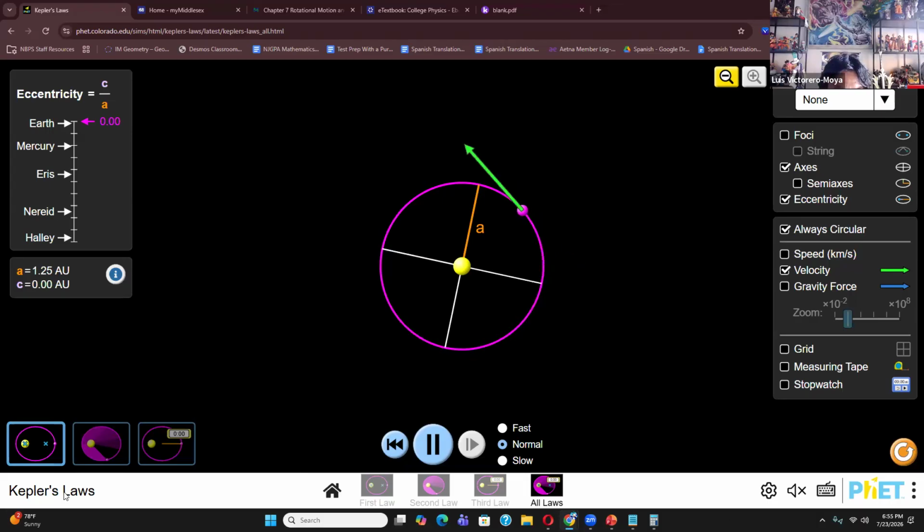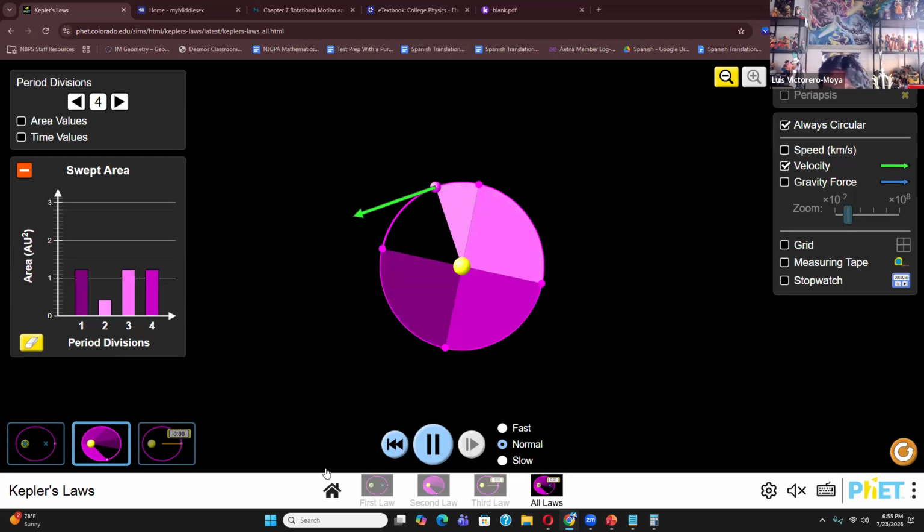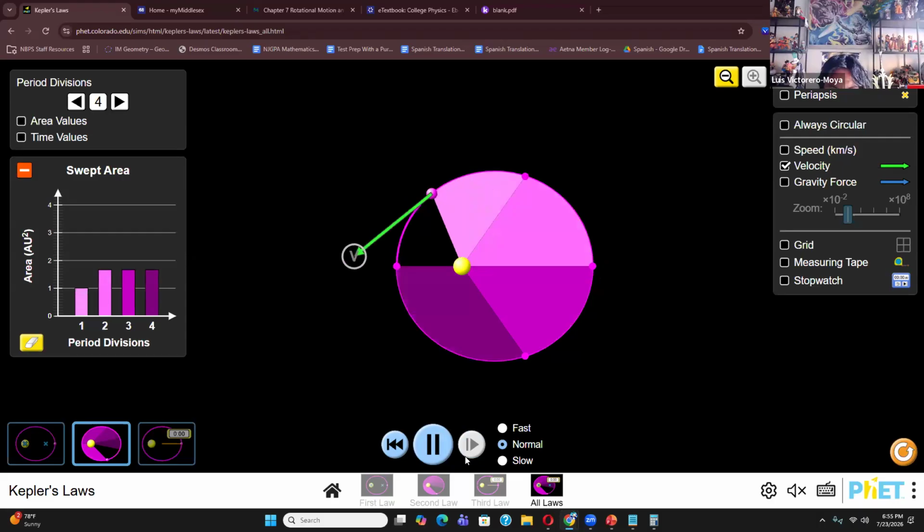It was Kepler, that's why it's called Kepler's laws, the one who realized that the orbits of the planets had to be ellipses. And that's important when we, for example, do the law of areas, right? A planet sweeps equal areas in equal time. All right.